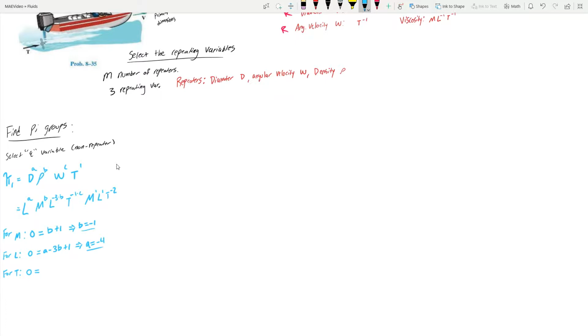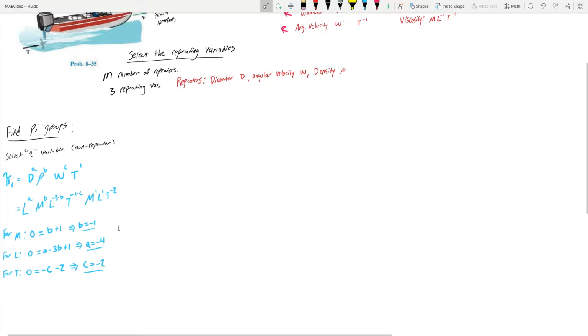So what we're doing here is we're combining the exponents for each primary dimension and setting that equal to 0, since again we are trying to get this to be dimensionless. So for t we're going to have -c, -2. So we're going to get c is equal to -2. So from here we have our exponents for this first pi group.